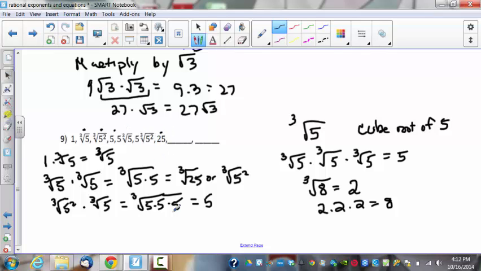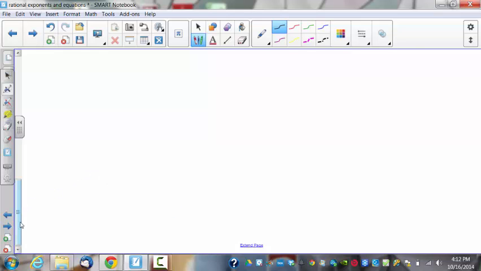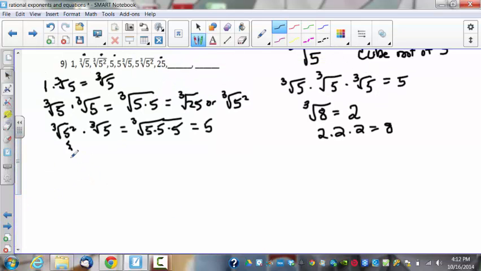So let's go and skip to 25 here. So we know we're just multiplying by the cube root of 5. We're going to take 25, multiply by the cube root of 5, and we get 25 cube root of 5, which is what goes right here.